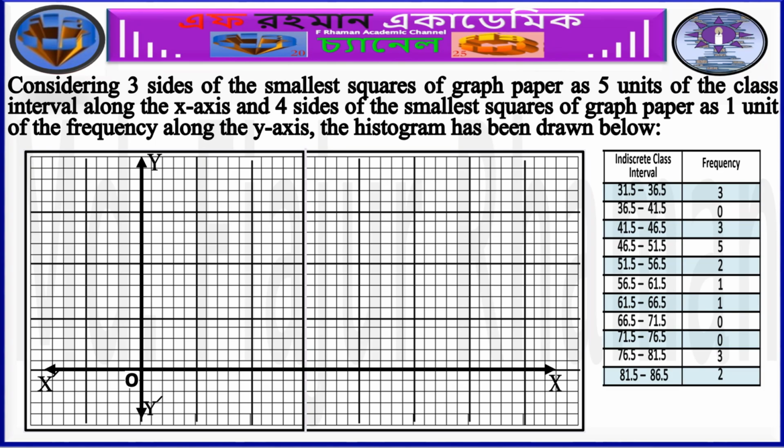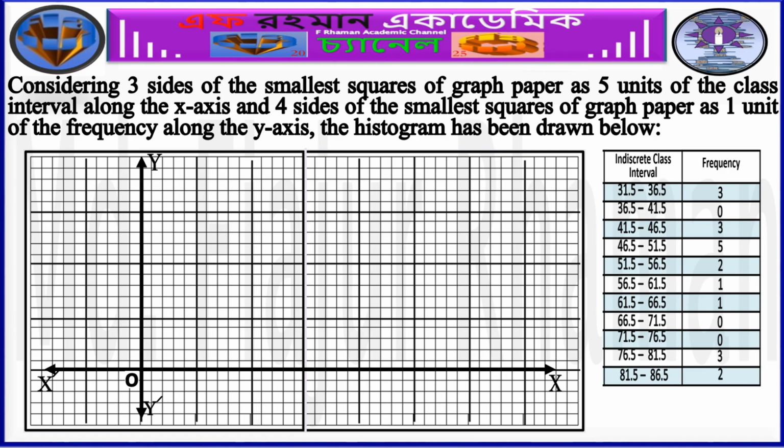All the class intervals are of length 5, but the class interval 0 to 31.5 is of length 31.5. Since 5 units of the class interval equal 3 sides of the smallest square, in the unitary method we can write 1 unit of the class interval equals 3 by 5 sides of the smallest square.